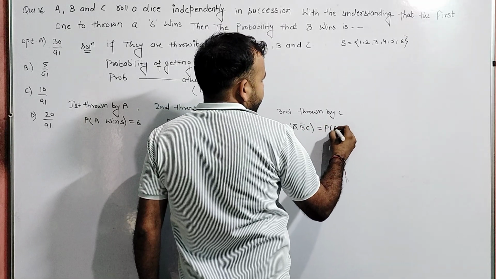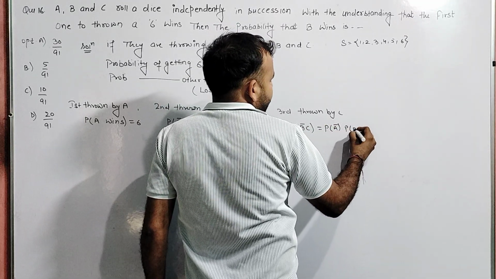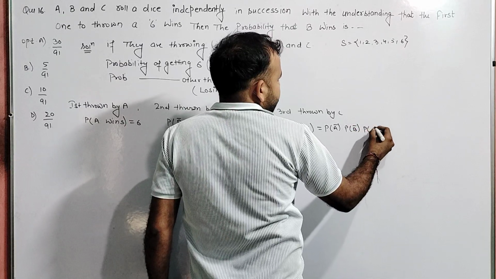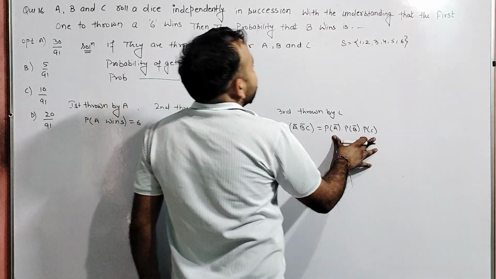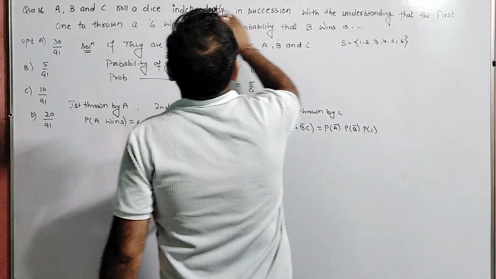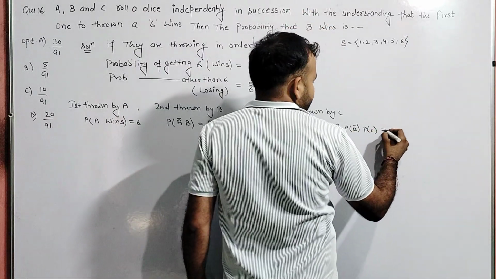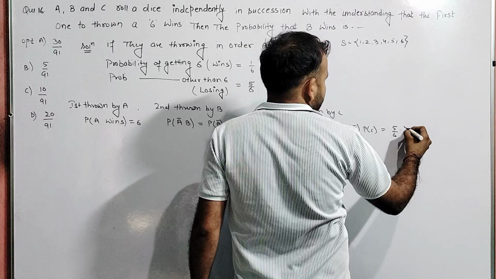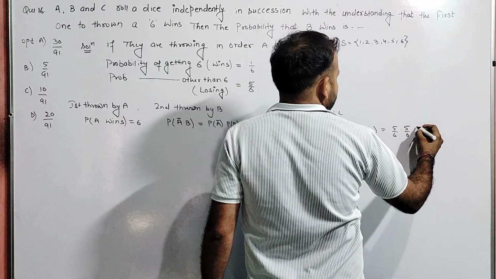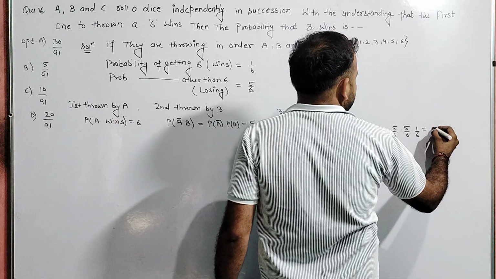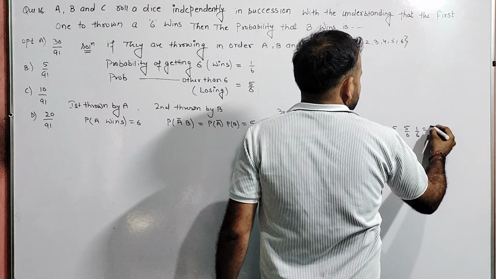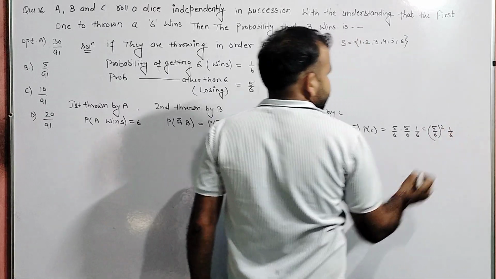That means P of A bar into P of B bar into P of C. These are multiplied because they are independent. So students, we can say 5 by 6 for P of A bar, 5 by 6 for P of B bar and 1 by 6 for P of C. That means 5 by 6 square into 1 by 6.